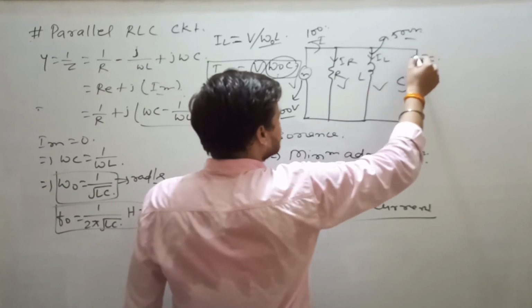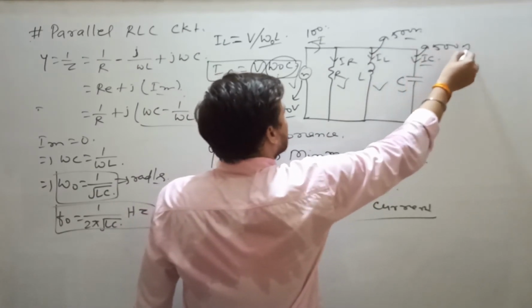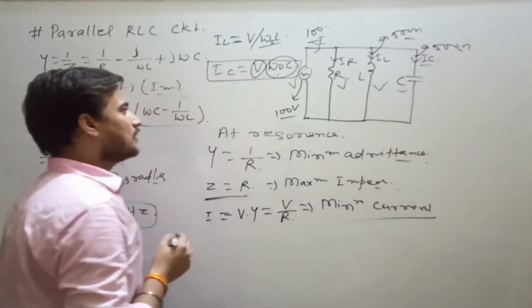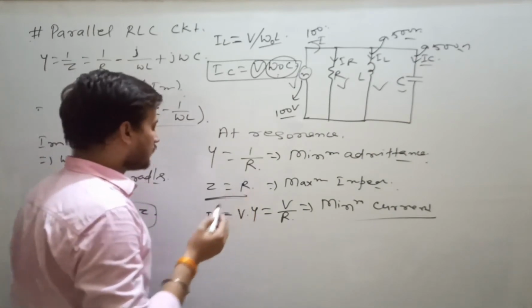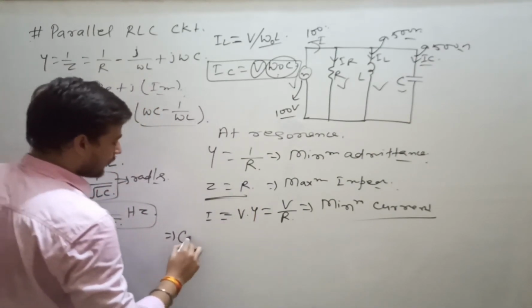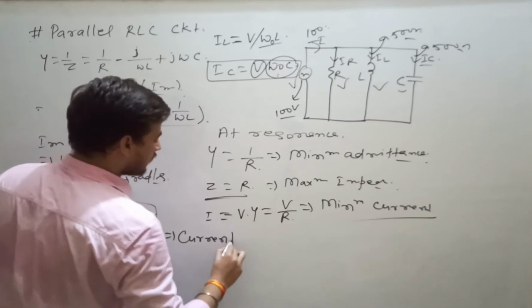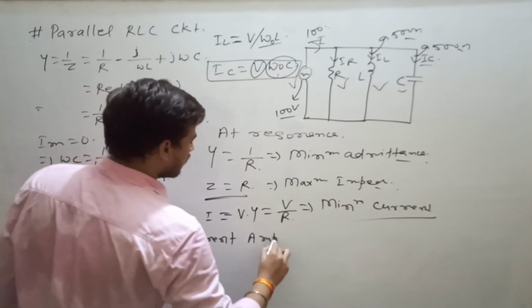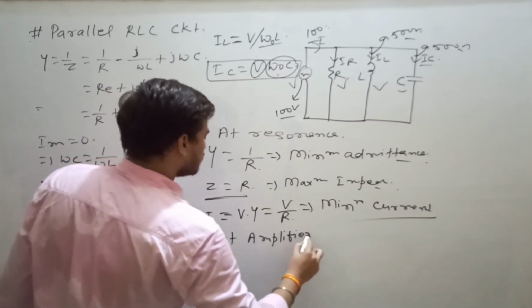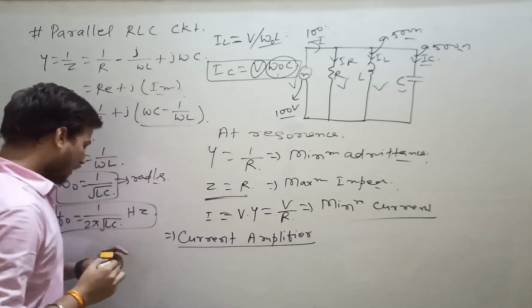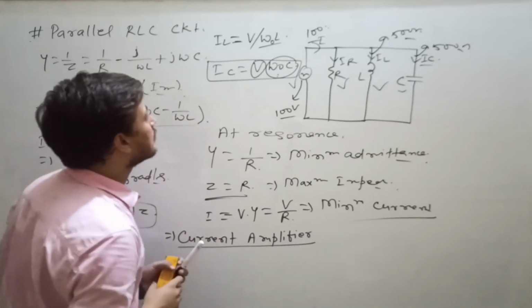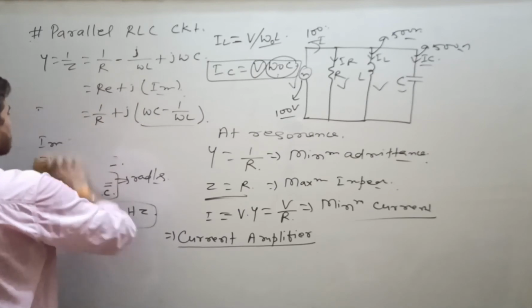This current will also be 500 ampere. That means you can say this circuit is acting like a current amplifier. Clear? So next let us see further derivations.